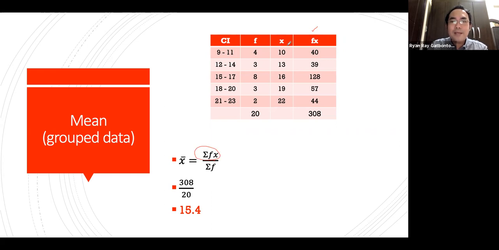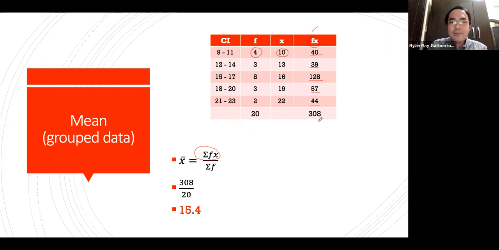midpoint. So to get the mean of the grouped data, first we determine the product of f times x. We do this by multiplying our frequency by your midpoint. So 4 times 10, that's 40. 3 times 13, that's 39. 8 times 16 is 128. 3 times 19 is 57. 2 times 22, that's 44.